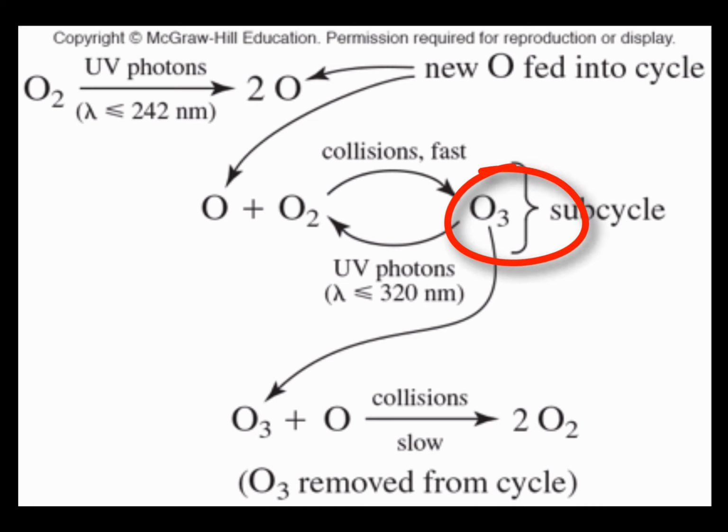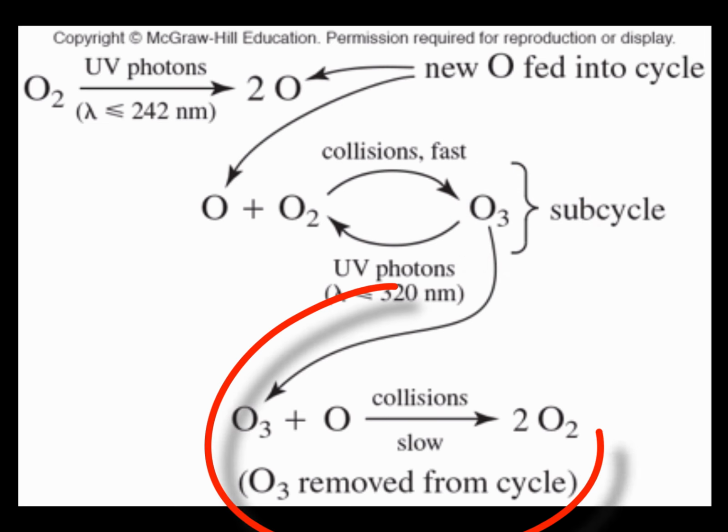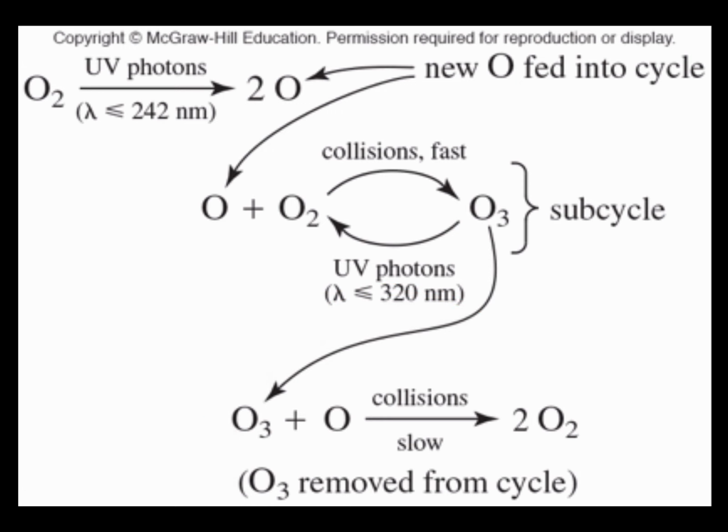Then, due to more collisions, we actually get some oxygen back. So it's replenished. We get oxygen molecules, and those oxygen molecules, thanks to the UV rays coming in, form ozone, and then that ozone goes back to being oxygen. So that's a cycle, and it gives stability to the concentration of ozone in the stratosphere.